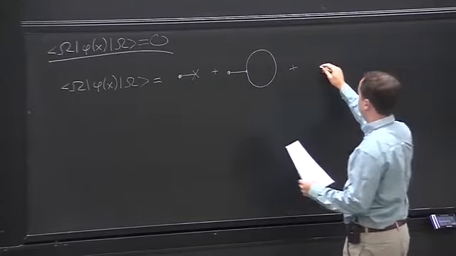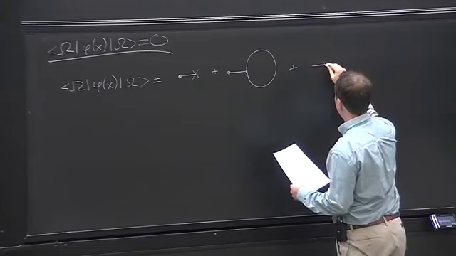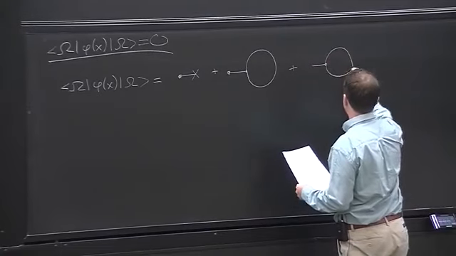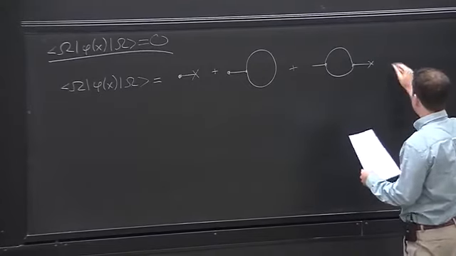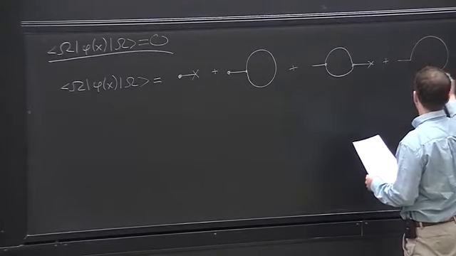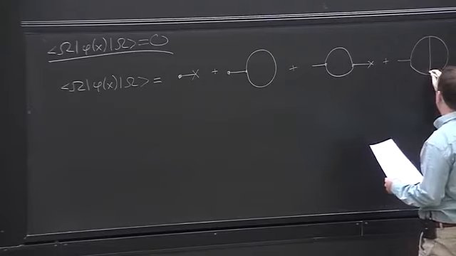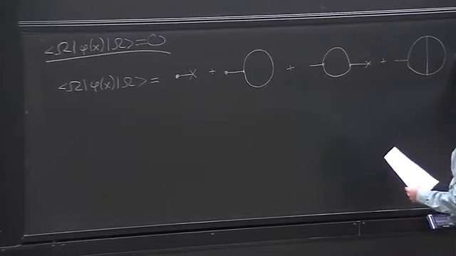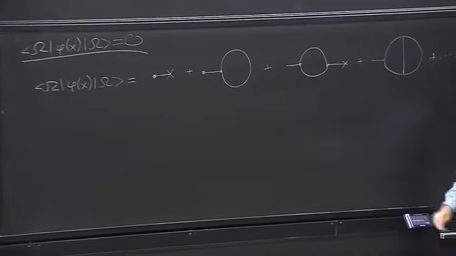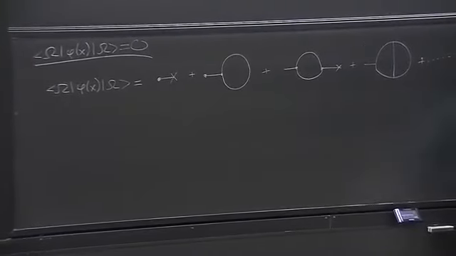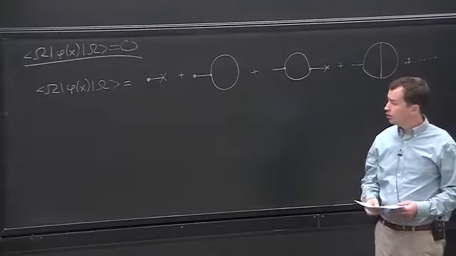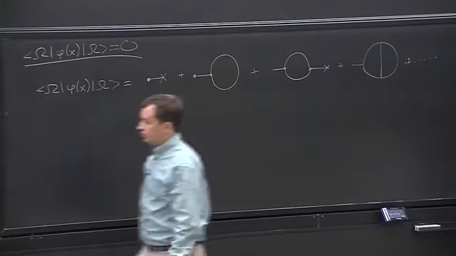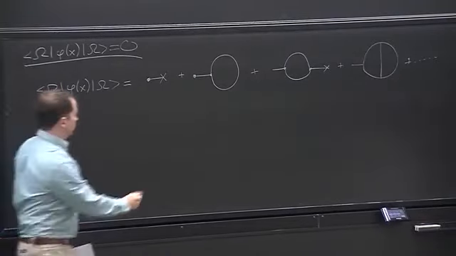We could draw diagrams that have more vertices, so something like this. It's 3 vertices. Or something like this also has 3 vertices. And there'll be lots of terms that involve more than one vertex, but just to see how things work, we're going to focus on these diagrams.